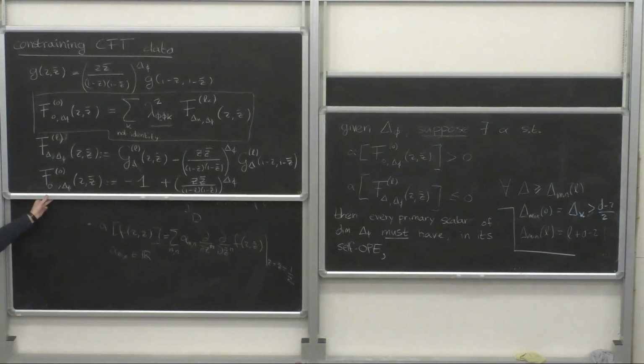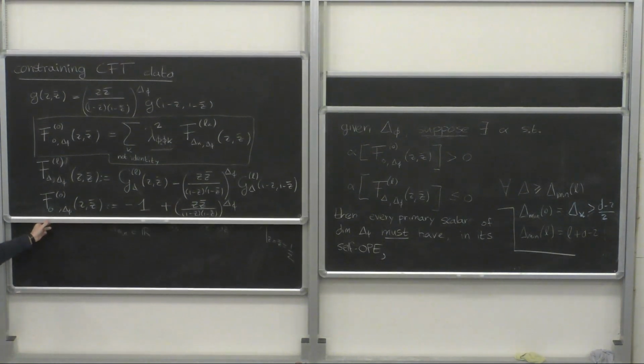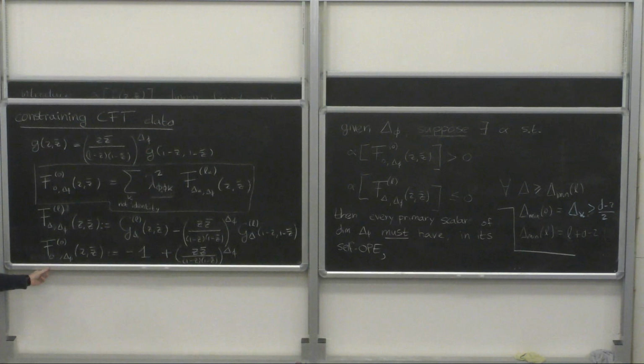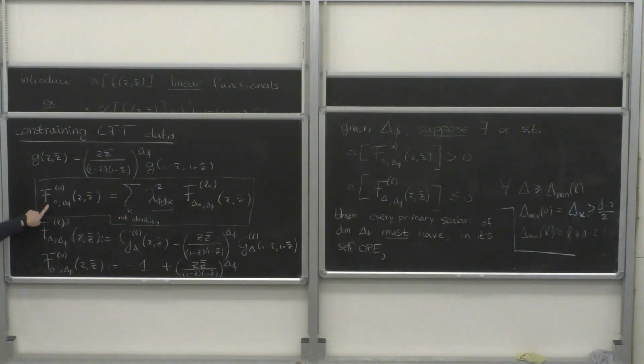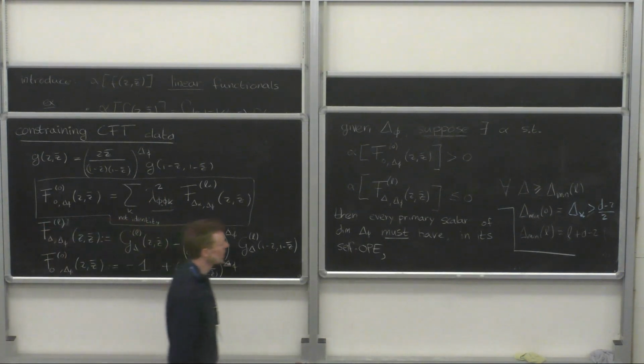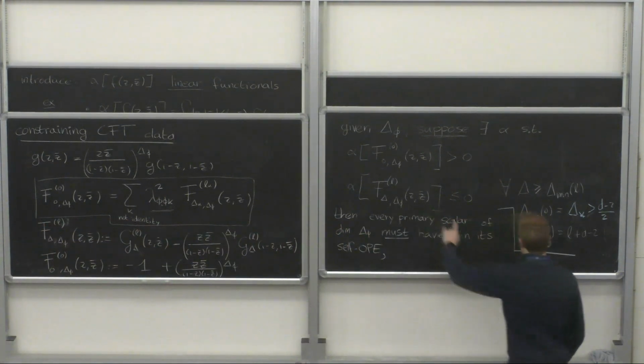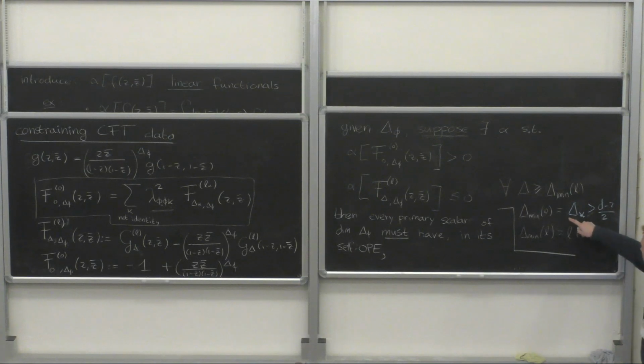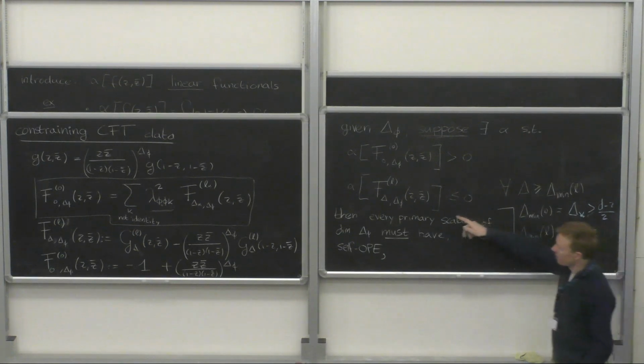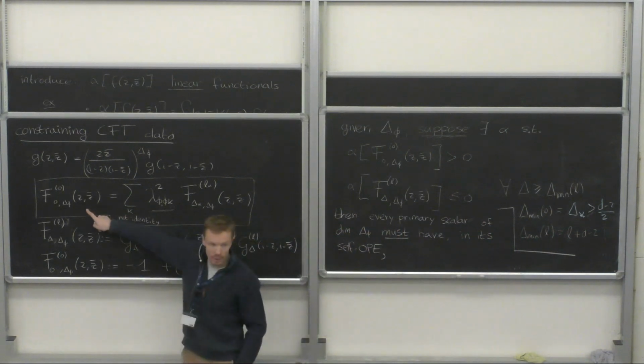Do people see it? Did I write it incorrectly? I think I did it right. So we act with the functional. We get a positive number. We need to get something positive. We're never ever going to get something positive from all the operators with spin, nor from any operator whose dimension is larger than delta star, any scalar operator. The identity is out. The identity is not there because I moved it to the left.